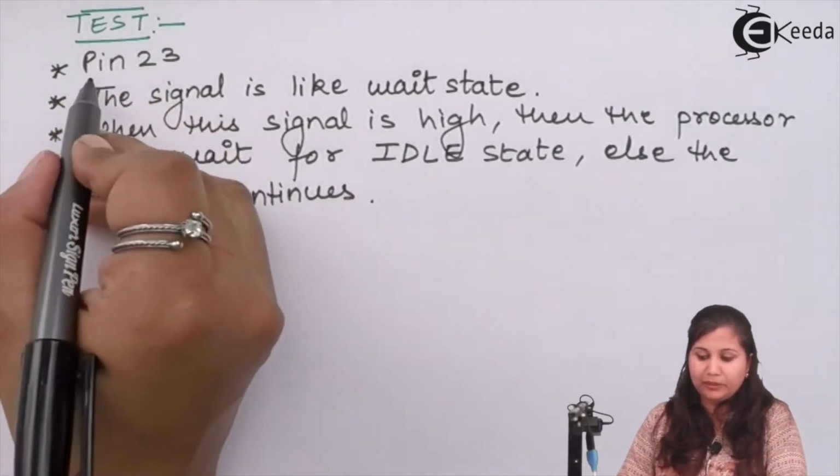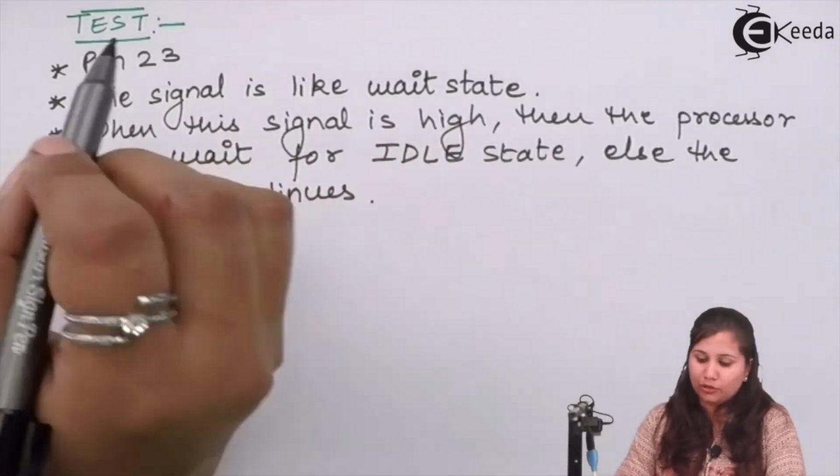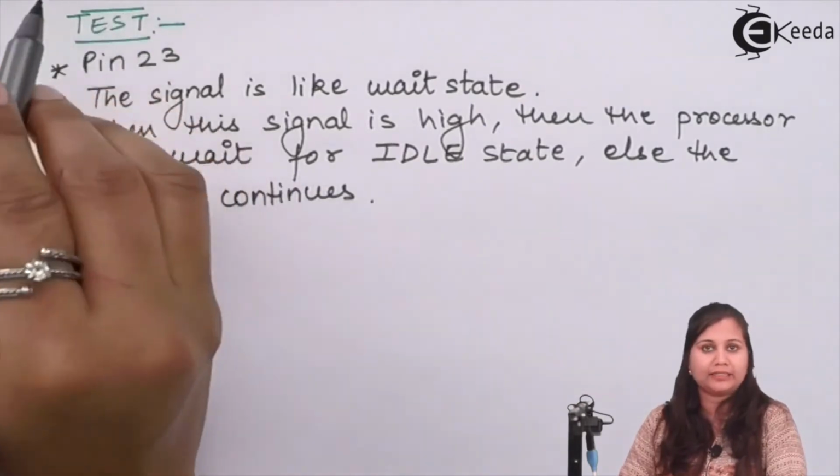So this signal is available at pin number 23, and this signal is like the wait state. It is an active low signal.